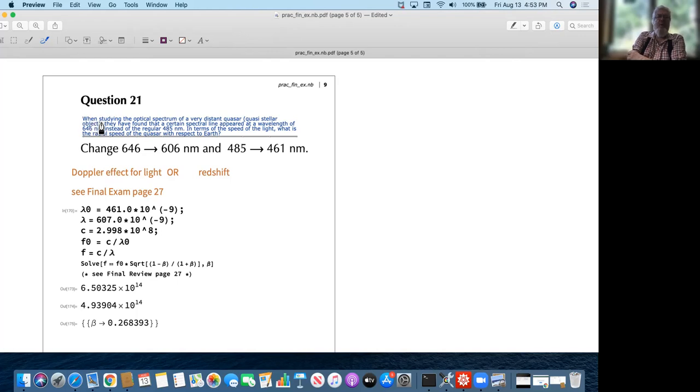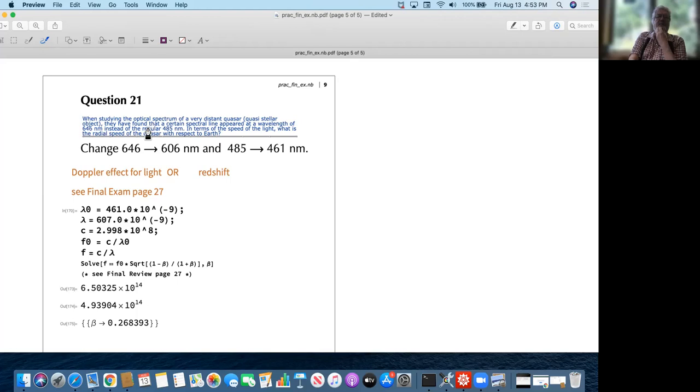This one says, when studying the optical spectrum of a very distant quasi-stellar object, they have found that a certain spectral line appeared at a wavelength of 646 nanometers instead of the regular 485 nanometers. In other words, there's an atomic transition which produces a certain color of light.